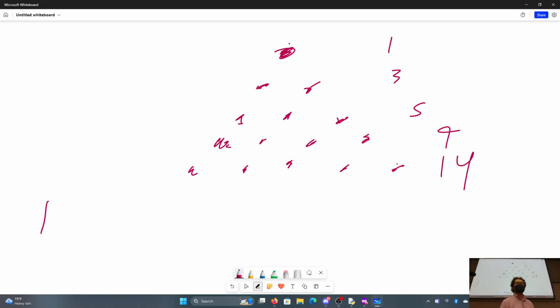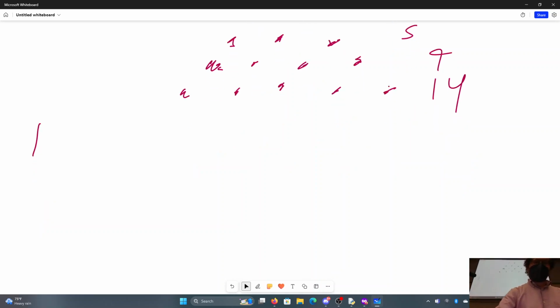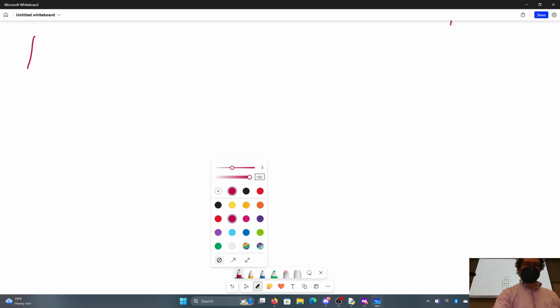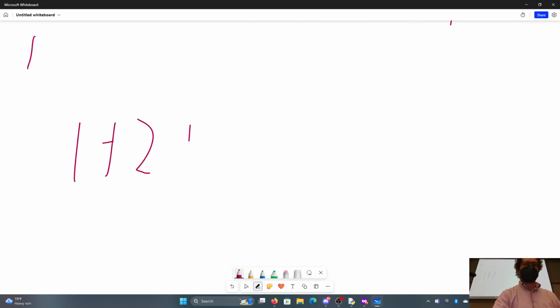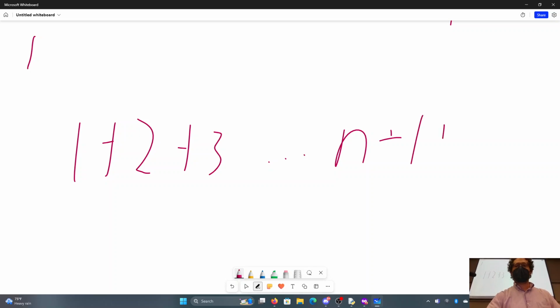And for those of you who have taken Calc 2, anybody here taking or taken Calc 2, right? You have to deal with convergences in that class, right? So get very familiar with this equation if you're taking Calc 2, because you'll almost be guaranteed to be asked about this. 1 plus 2 plus 3, dot, dot, dot, all the way to n minus 1 plus n.